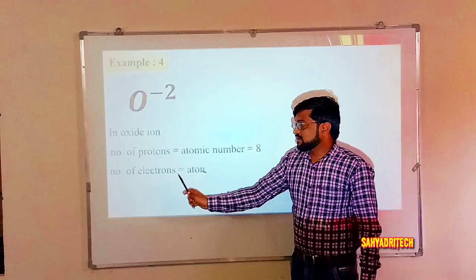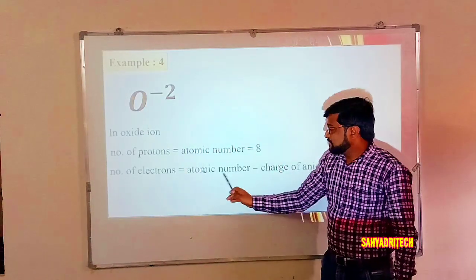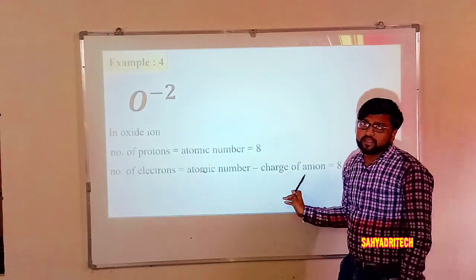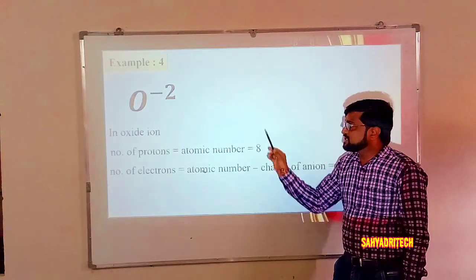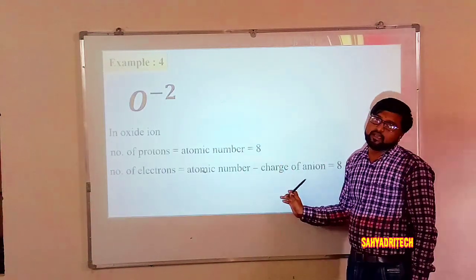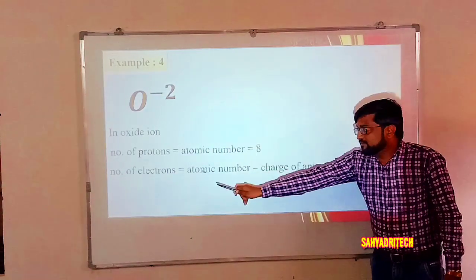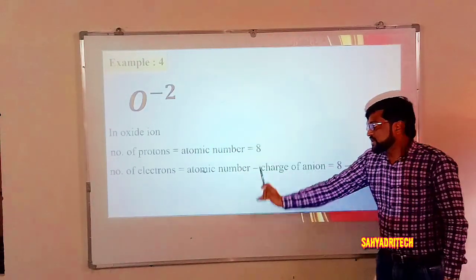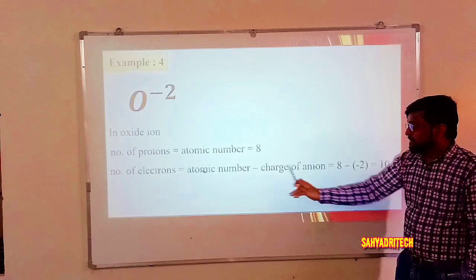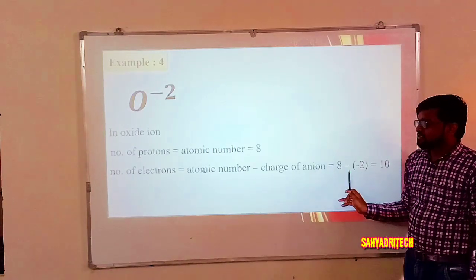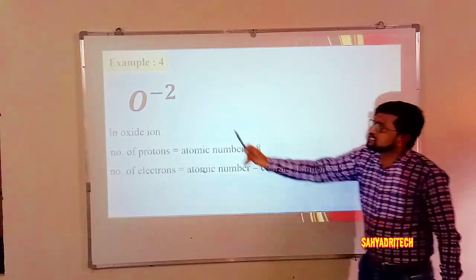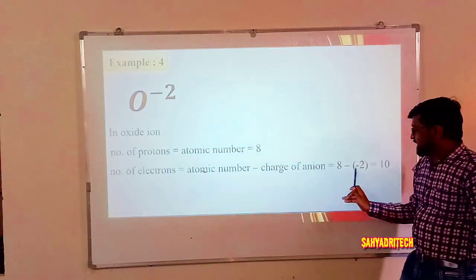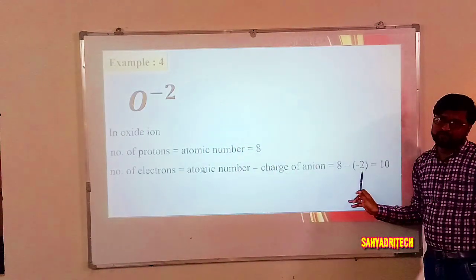Now, here, the number of electrons is equal to the atomic number minus the charge of the anion. In a cation, what did we say? Charge of cation. Now, in this case, charge of an anion. So, the number of electrons is equal to the atomic number, 8, minus the charge of the anion, which is minus 2.